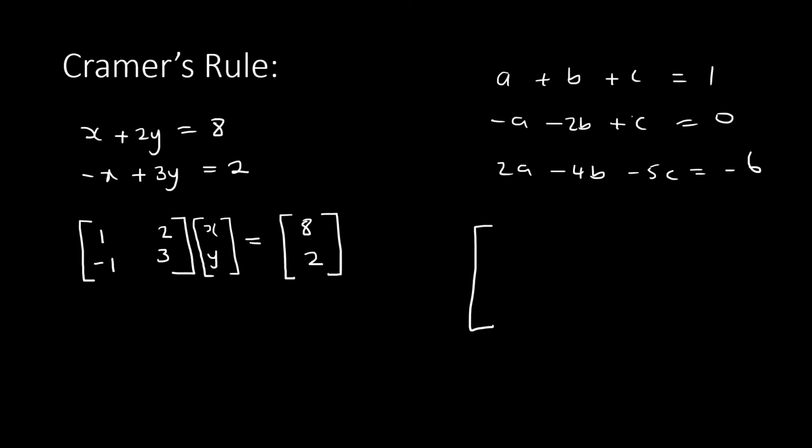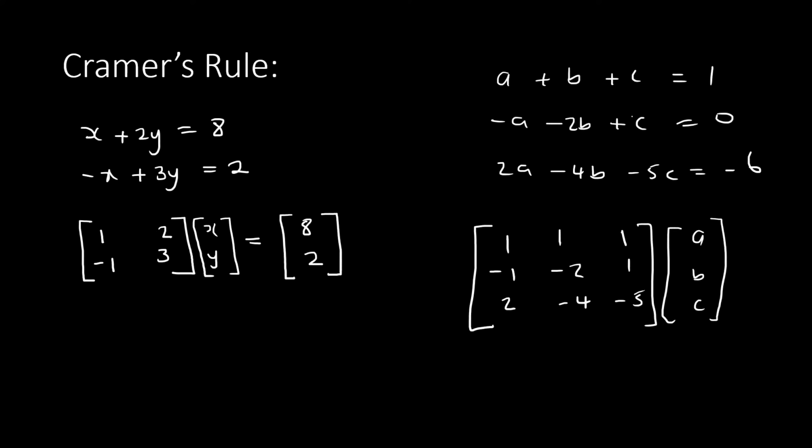You put all the coefficients of a, which is this, of b, which is this, then of c, which is 1, 1, minus 5. They are multiplied by what? By a, b, c. Then your answer is the constants 1, 0, minus 6. There.